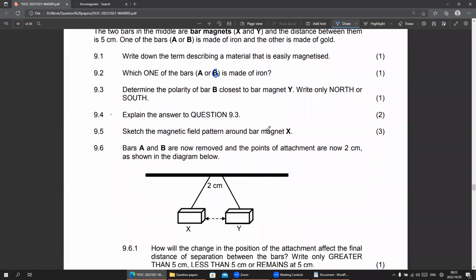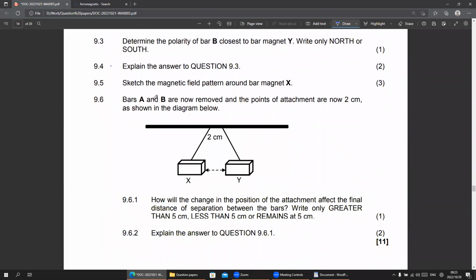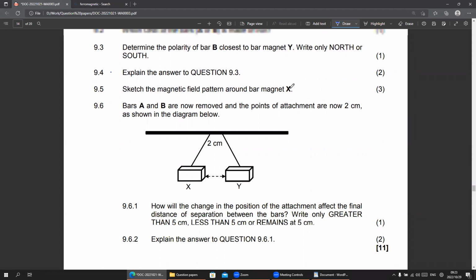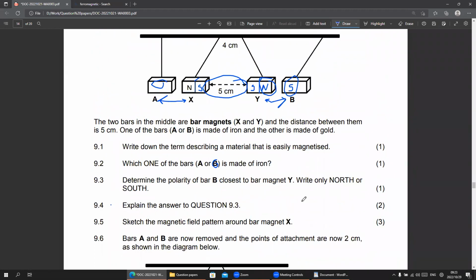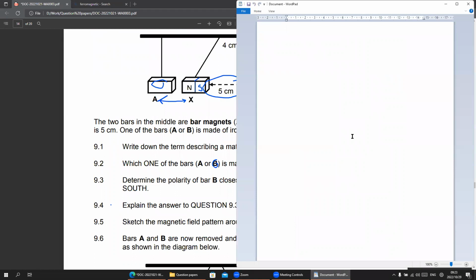So in 9.6, sorry, they say sketch the magnetic pattern of bar magnet X. I'm sure you guys already know how to draw the magnetic field lines, right? So it's always going... This is a question for you.